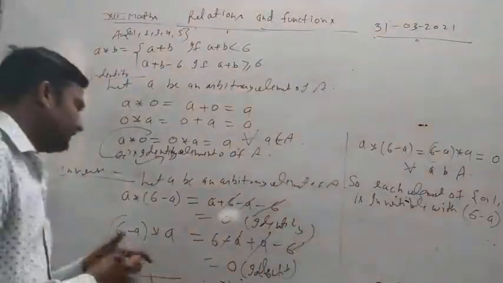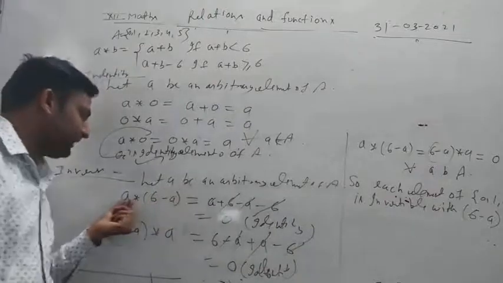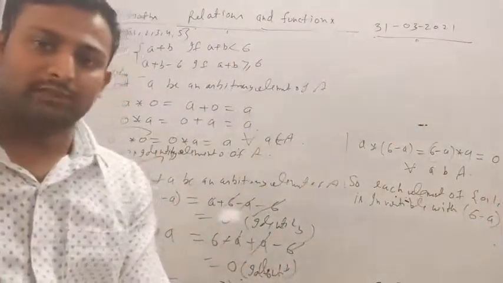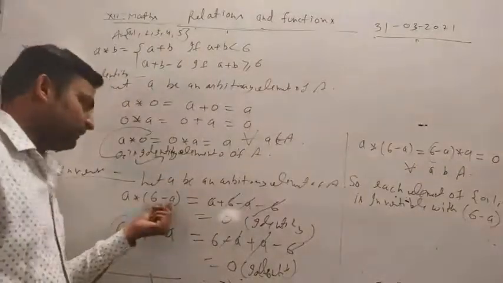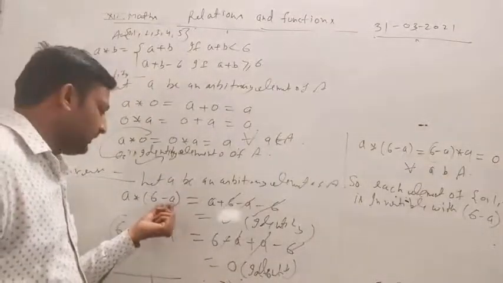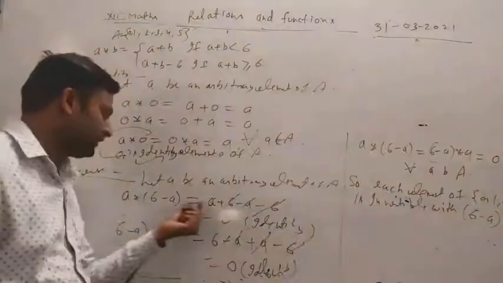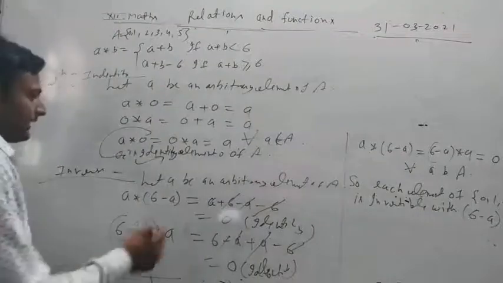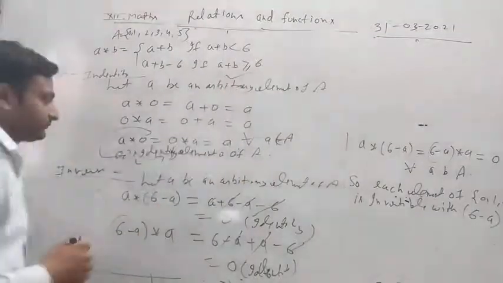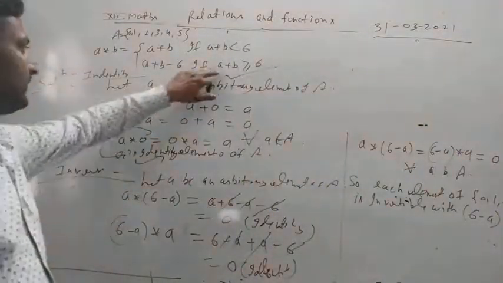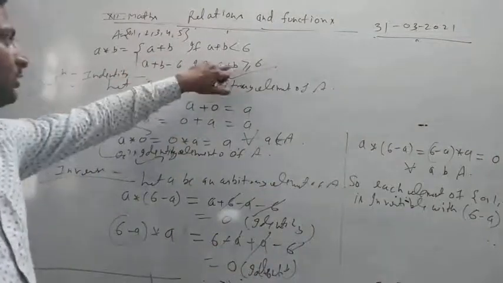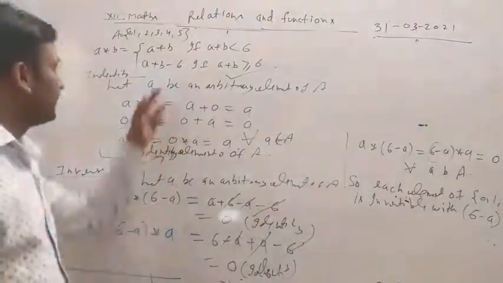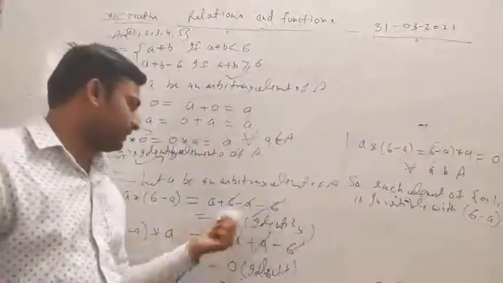Okay, now for the inverse, we again take an element A. For the inverse, A star B is equal to the identity, which is equal to B star A. So our inverse B is 6 minus A. Here A plus B minus 6 is greater than or equal to 0, so we write A plus B minus 6, which is 0.